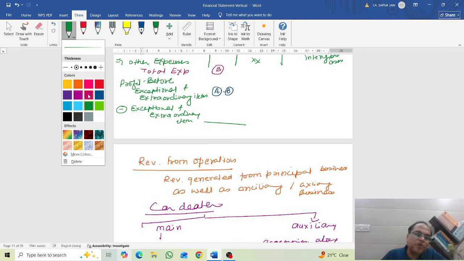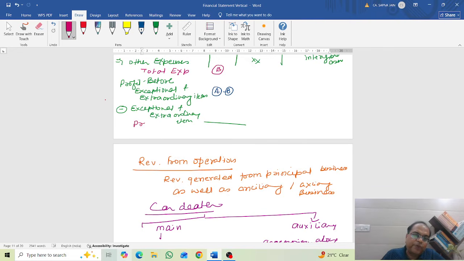After subtraction of exceptional and extraordinary item, this is called profit before tax. Then we will subtract income tax. Then after subtraction of income tax, this is called PAT, profit after tax.